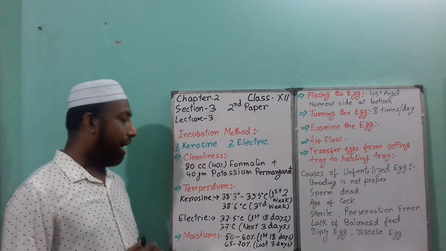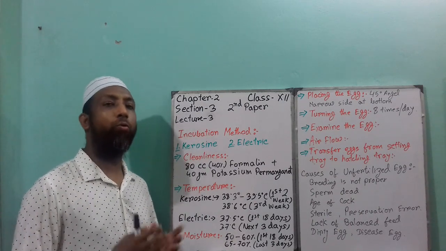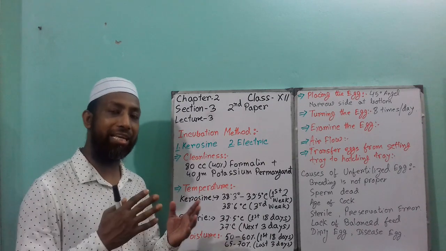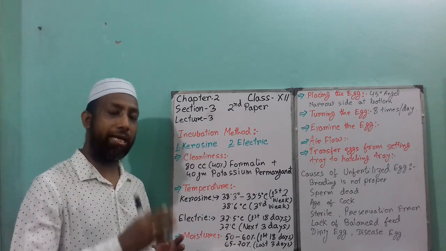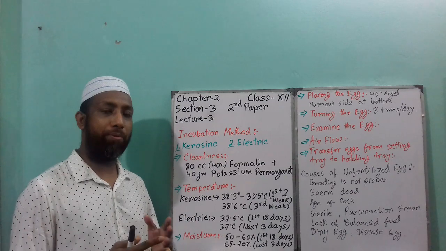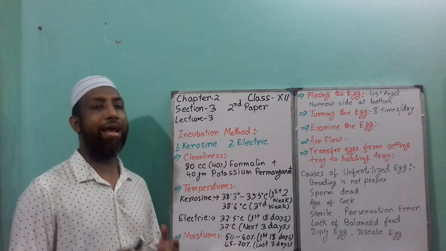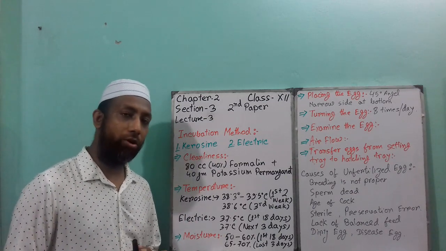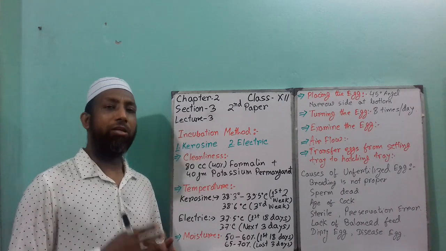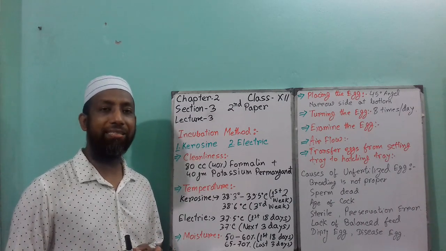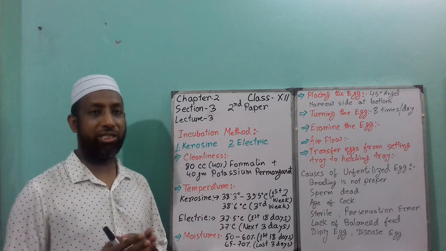So how does the incubator machine work? When you put the egg inside the machine, what processing does it do for hatching? We all know that about 20 to 21 days are required for egg hatching.